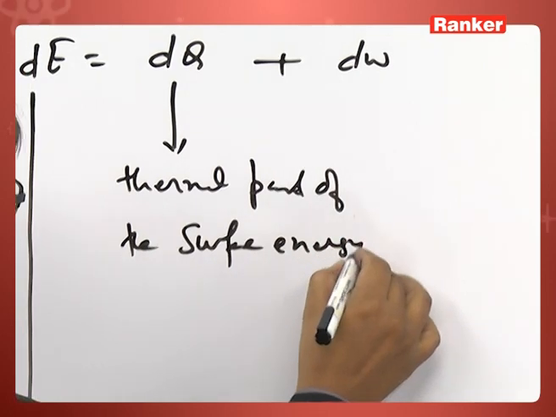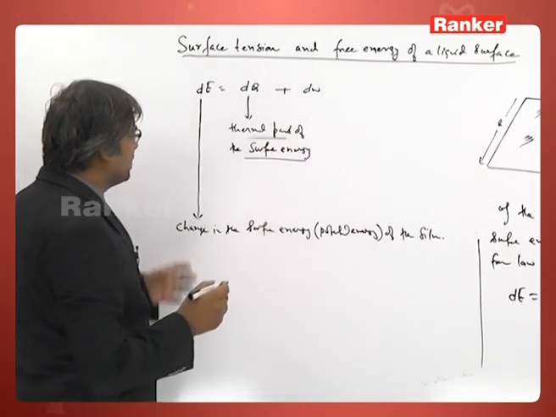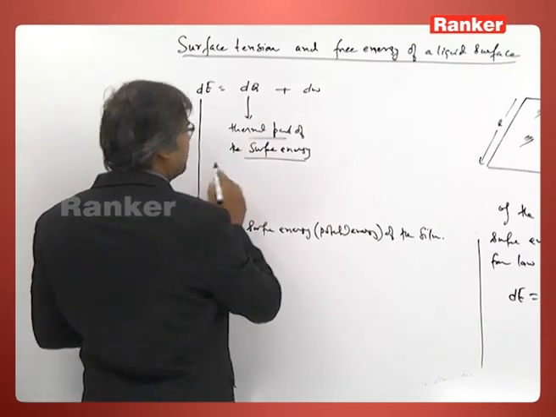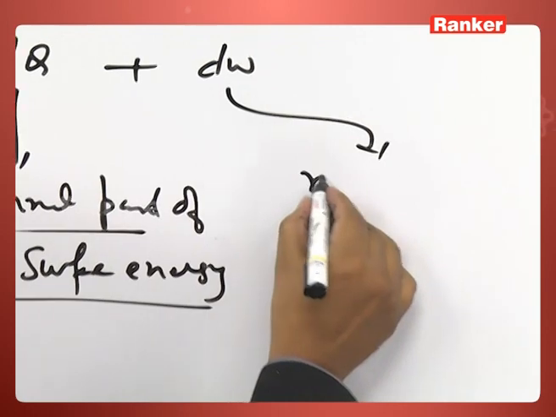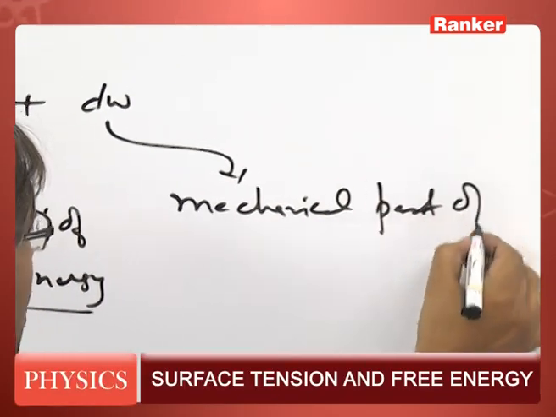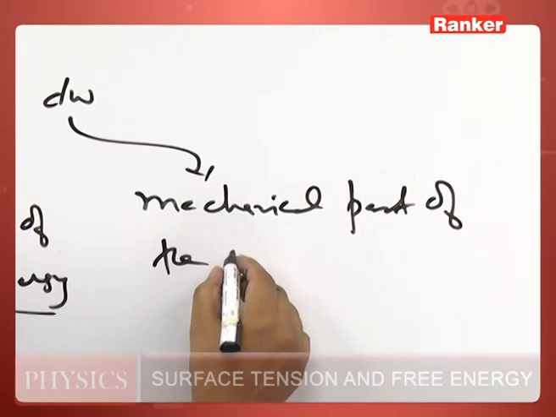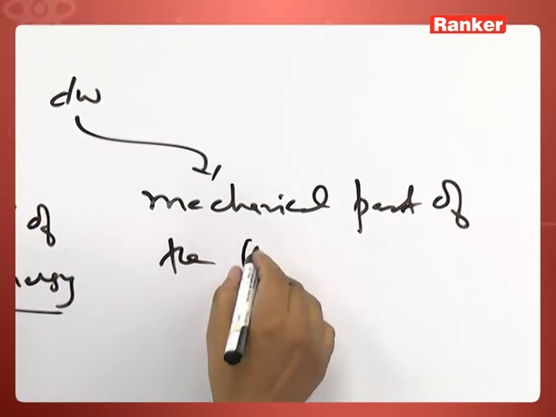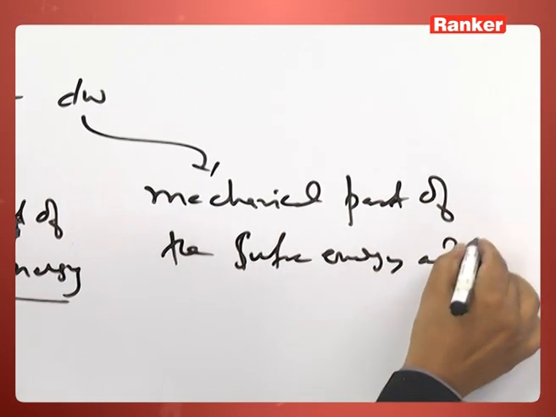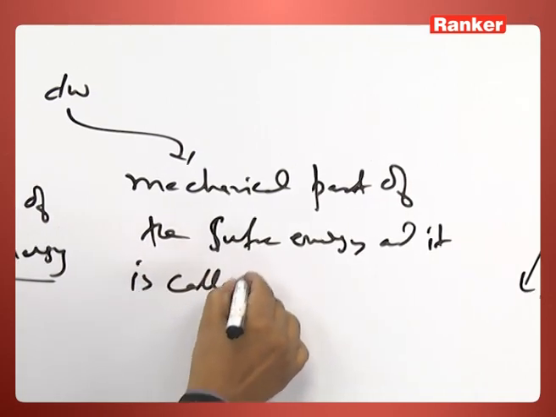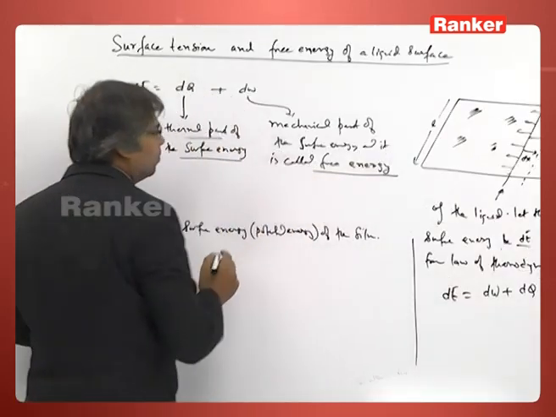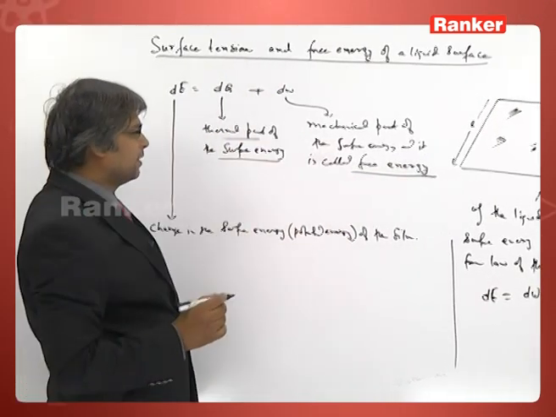So, you see here the change in surface energy has two attributes. One is the thermal part, and the other is the mechanical part of the surface energy, and it is called free energy.